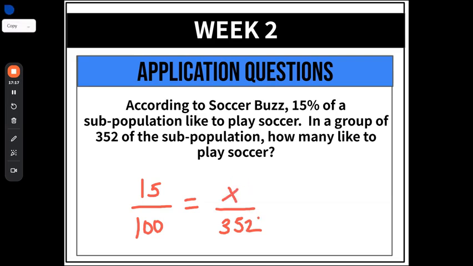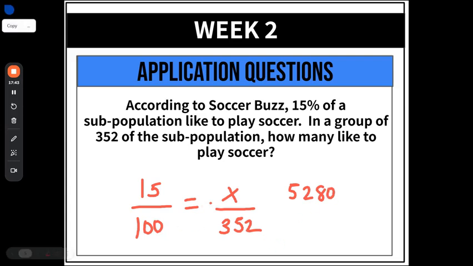How many people? All right, so now that we have our proportion, we can go ahead and set up to solve. 352 times 15 is going to give me 5,280.